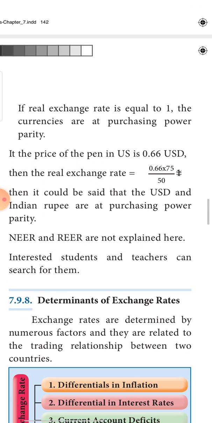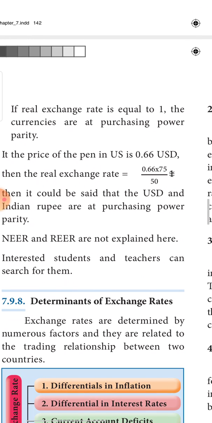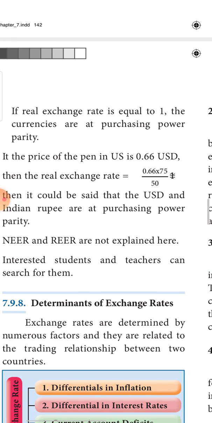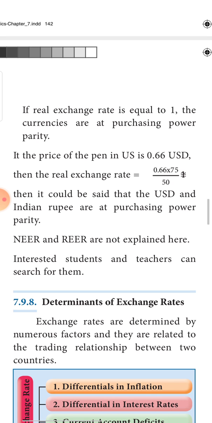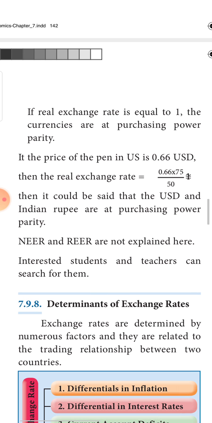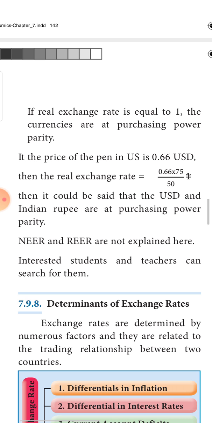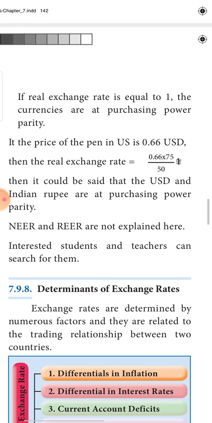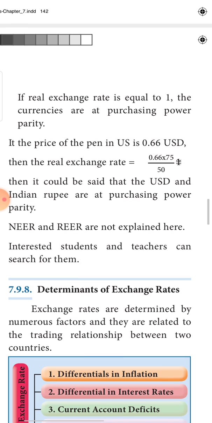Underline this. Now when will there be purchasing power parity? That is, when the real exchange value will be equal to 1. Suppose the price of a pen in USD is 0.66, that is 66 cents. If it is that, the real exchange rate will be equal to 1. That is 0.66, which is the price prevailing in the US per pen in USD, into 75. 75 is nothing but the nominal exchange rate, 75 divided by 1, divided by 50. 50 is the price of the pen in India.